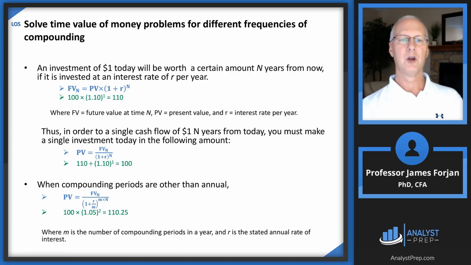If we want to determine the future value of $1 after a certain number of years, all we do is take that present value and we multiply it by 1 plus the interest rate raised to the n power. So I have an example in green. If we start with $100 today and our interest rate is 10%, just multiply that by 1 plus the decimal form of the interest rate, raise it to the 1st power, and we get a future value of 110.